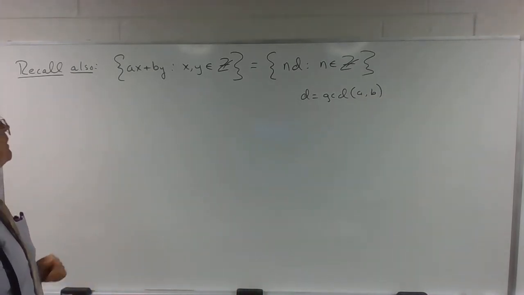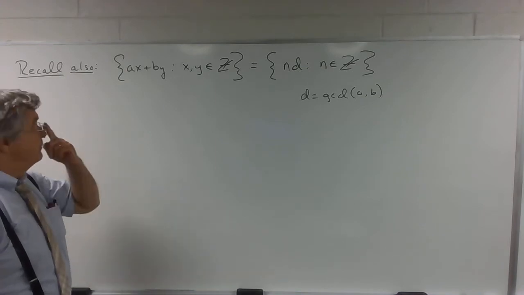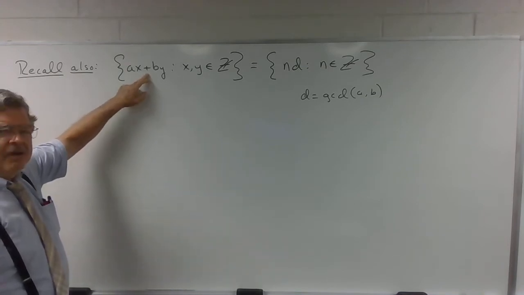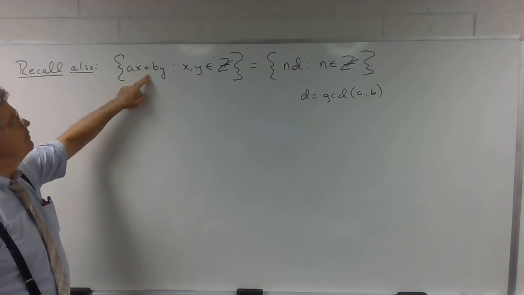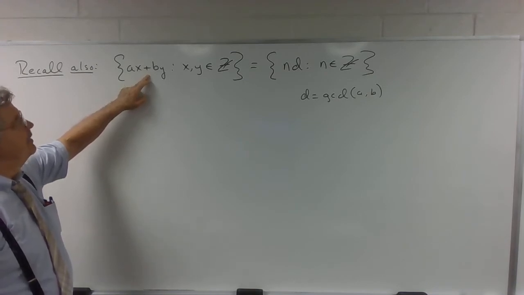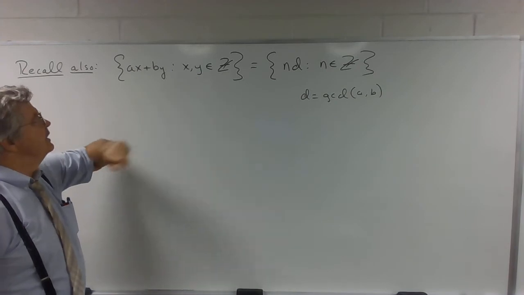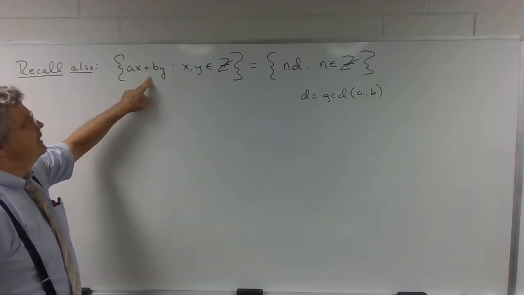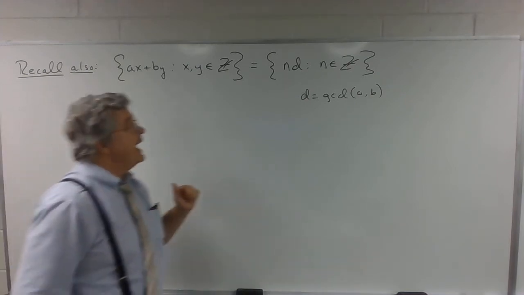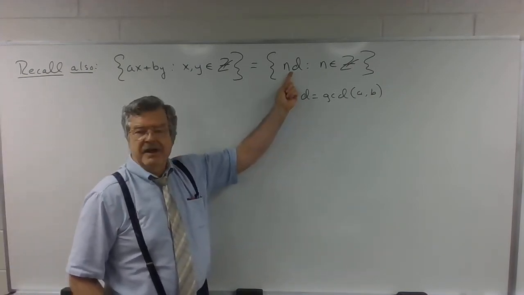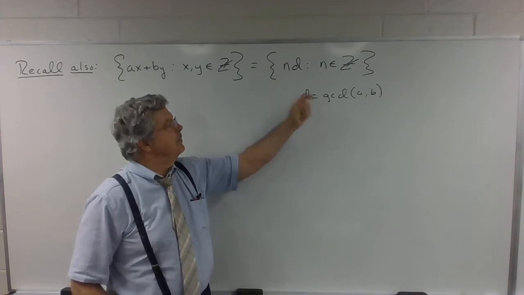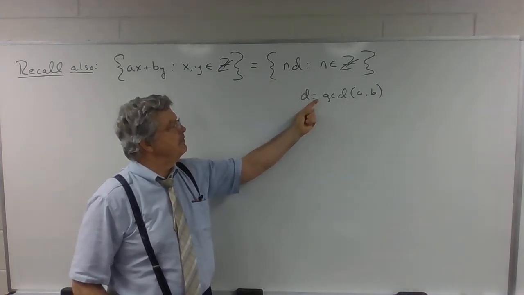If a and b are non-zero integers, then the set of all linear combinations of a and b, where x and y are also integers, is exactly the set of all whole number multiples of d, where d is the greatest common divisor of a and b.